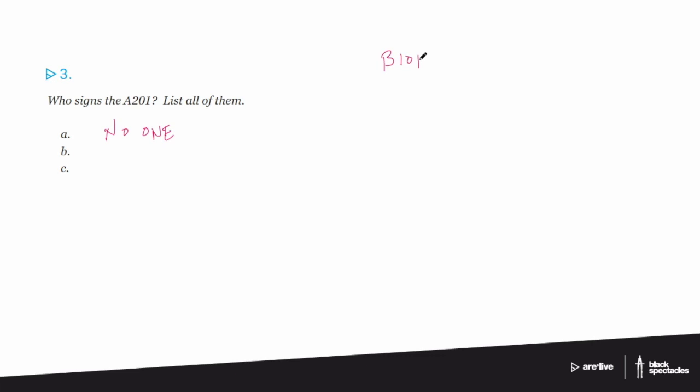The B101 will have quite a bit of information that's not actually in the B101. It uses the A201 as a reference. So in the B101, it'll say, oh, and by the way, this contract includes the A201.